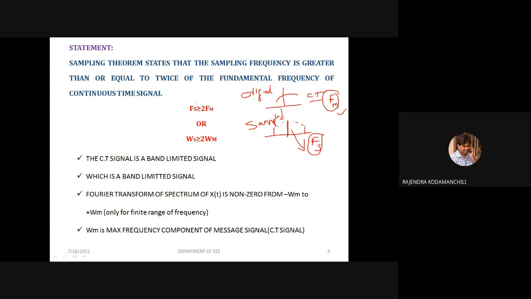Technically, f is nothing but frequency, and omega is also called frequency. F or omega, these two are called frequency.